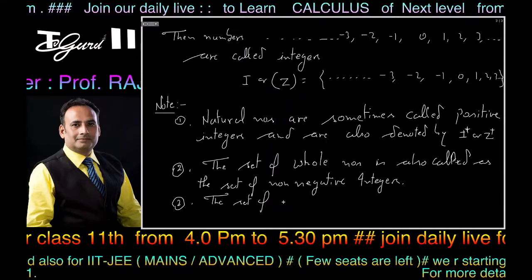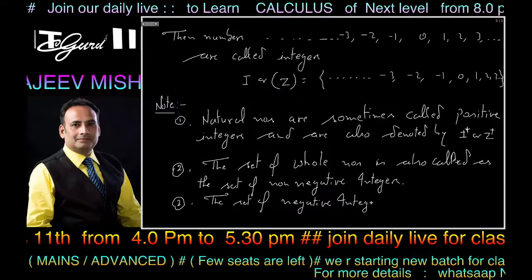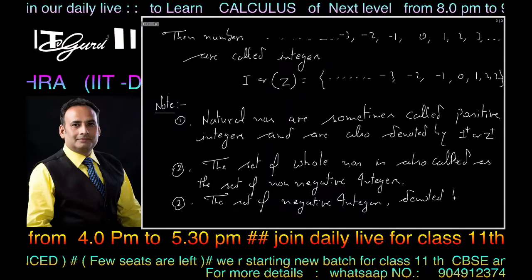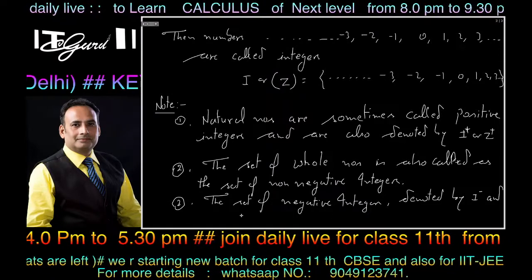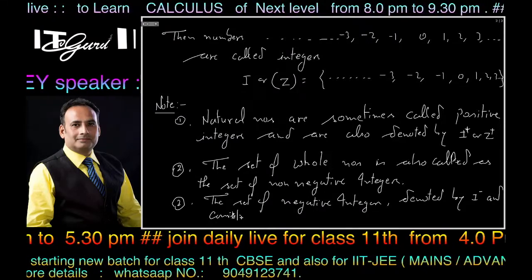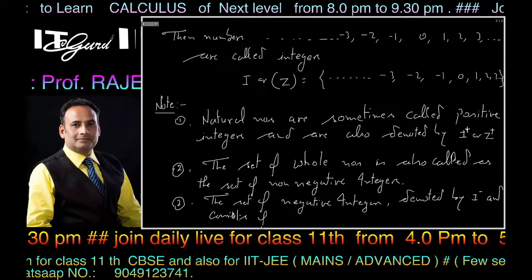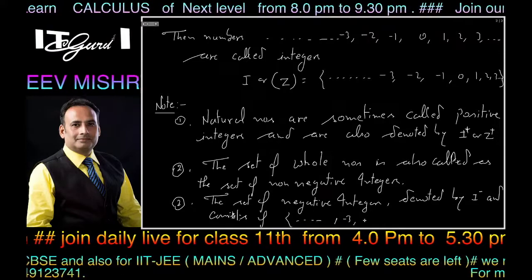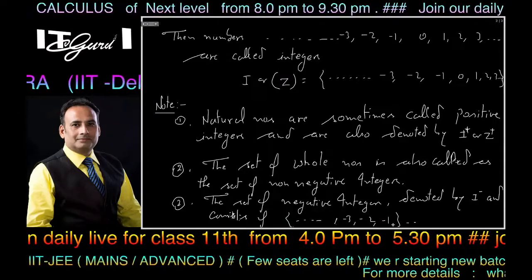The set of negative integers is denoted by I minus and consists of -3, -2, and -1, and so on. Just that.